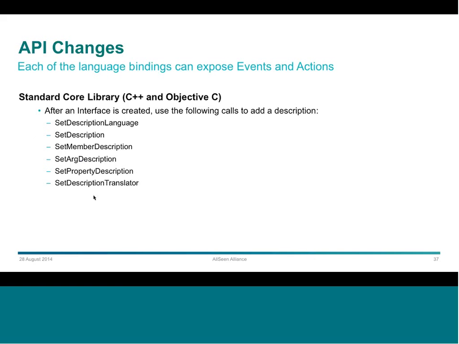In the standard core library in C++, there's a couple of new calls, so when you create your interface, you can call set description language and tell it whether you want English, maybe French, Italian, German, Dutch, whatever you have. You can set the description on an object. You can set a description on those members, so the method, which would make it an action, or a signal, which would make it an event. And then the arguments could even have descriptions.